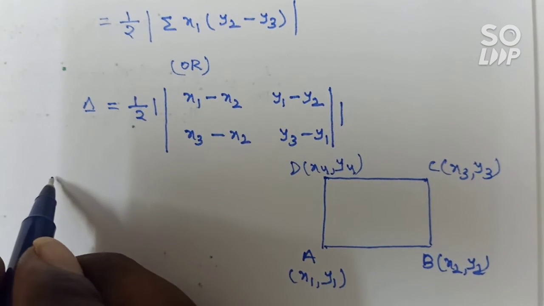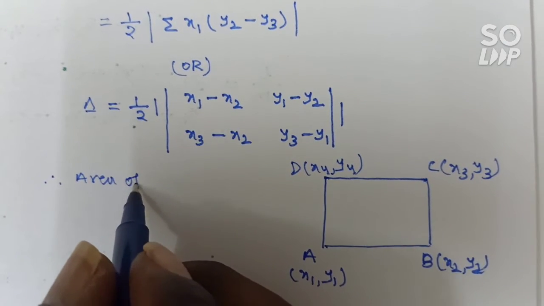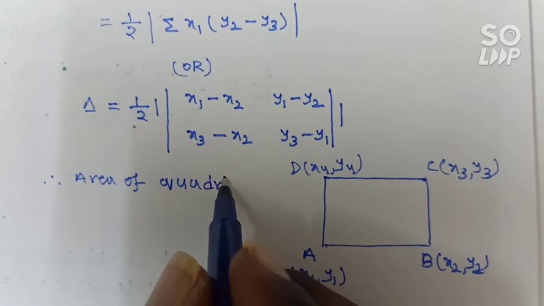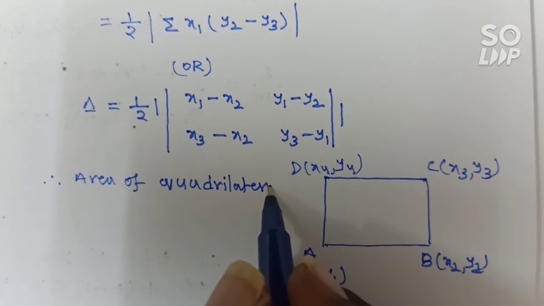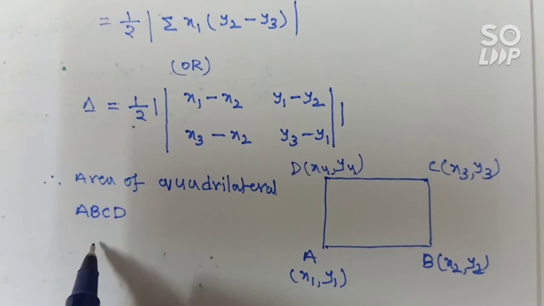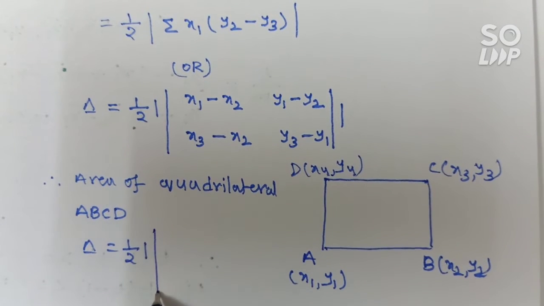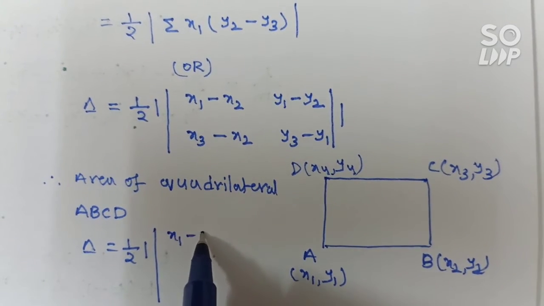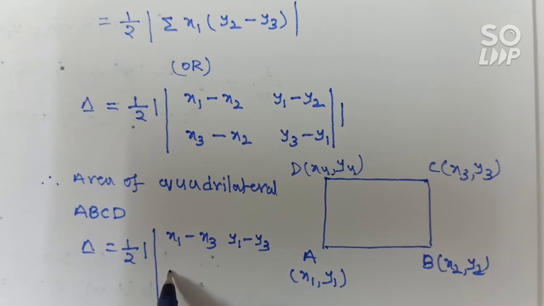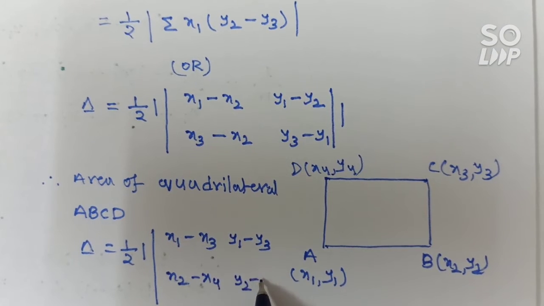Therefore the area of quadrilateral ABCD, delta, is equal to 1 by 2 into the modulus of the determinant of x1 minus x3, y1 minus y3, and next x2 minus x4, y2 minus y4.